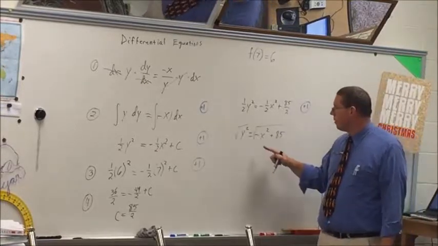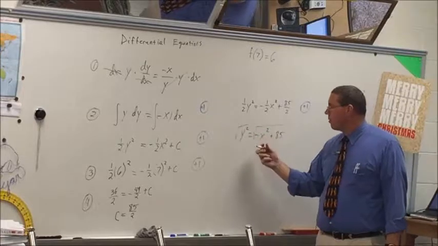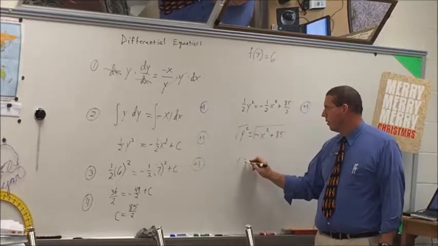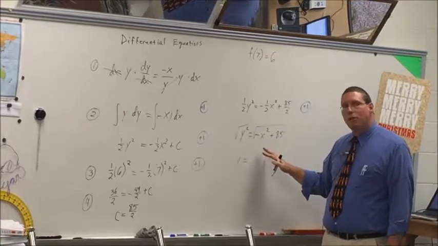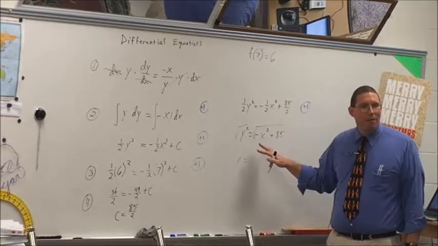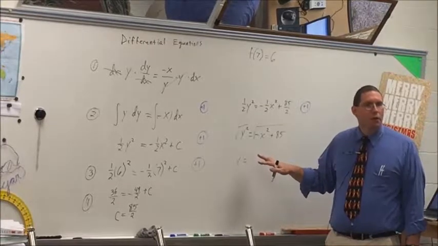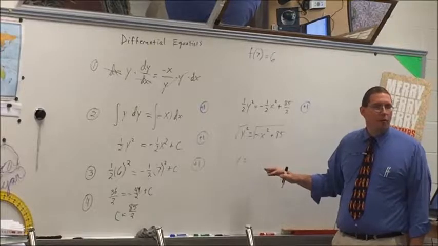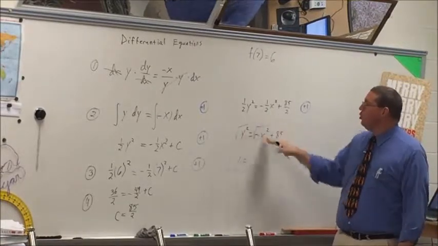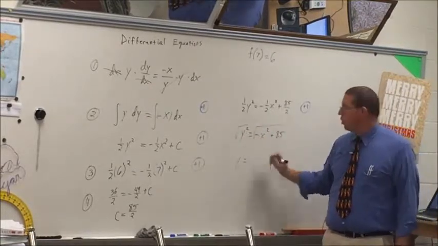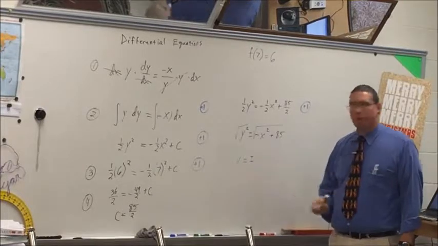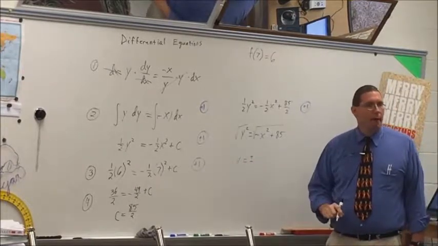Okay, so now, the square root of y squared is y, correct? Now, there's something you may or may not remember about taking square roots. When you take a square root, you have to put a plus or minus. Do you remember that?